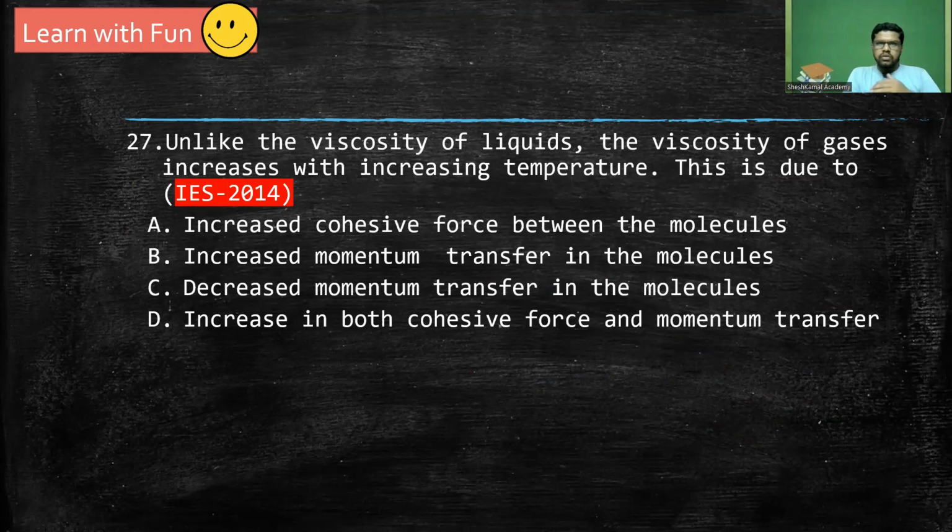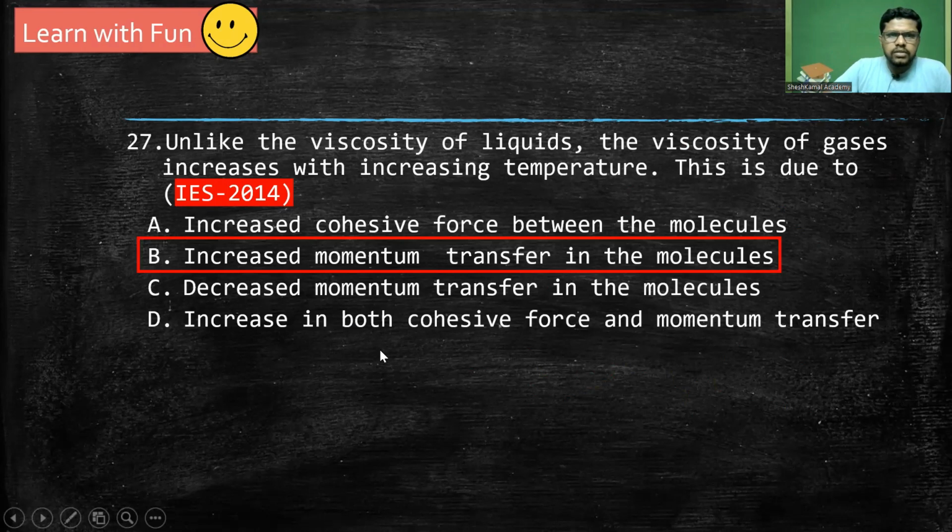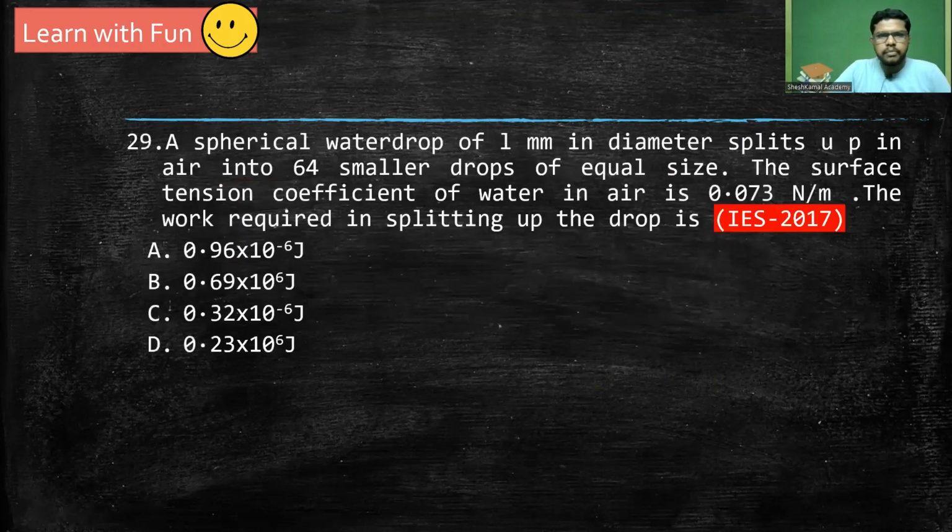For a liquid, if you increase the temperature, the bonding or cohesive forces decrease, so the viscosity of liquid decreases. But in the case of gases, as you heat them up, the molecular momentum transfer increases. So option B is the correct answer for this question.